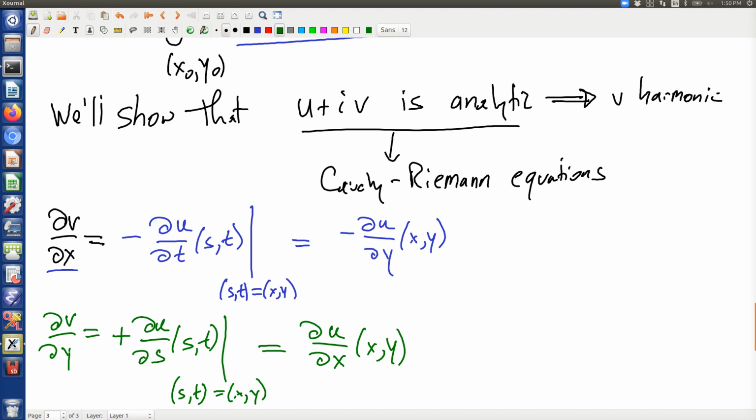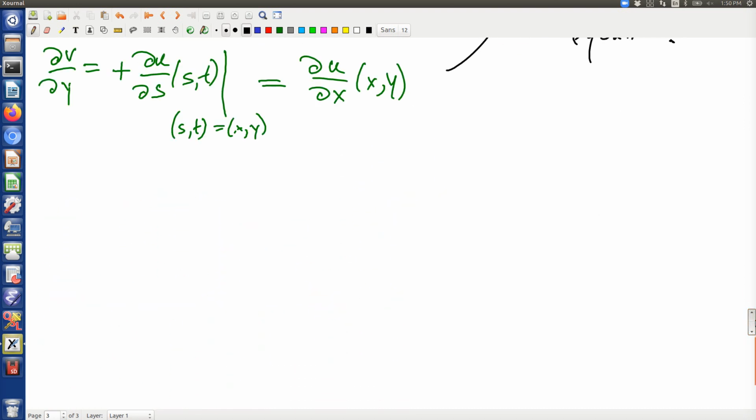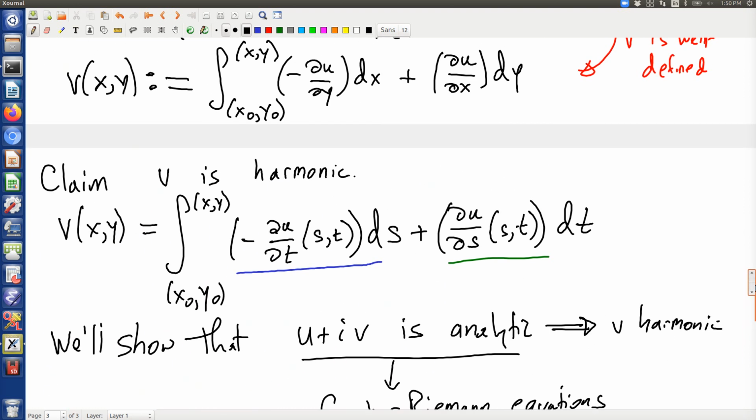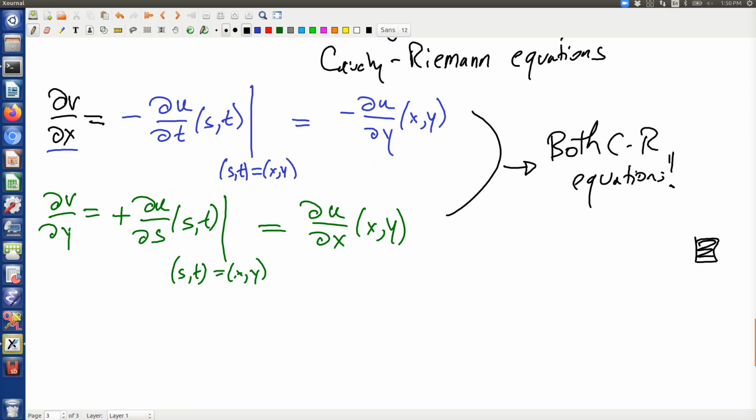And indeed, both of these are the Cauchy-Riemann equations. So that allows us to conclude that u plus iv is indeed analytic, and so v is harmonic. And in particular, v is then the harmonic conjugate of u.